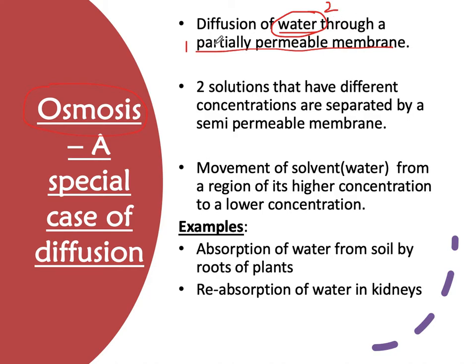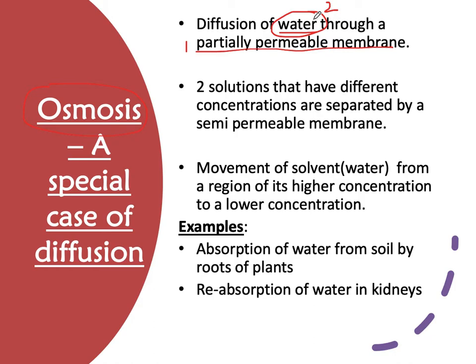Rather, I can say these two particular things are making osmosis a special type of diffusion. Alright, one thing is a partially permeable membrane, that is your plasma membrane or cell membrane, is utmost necessary for osmosis. And second is this time only solvent molecules, and in that solvent also specifically water molecule movement is only what we are going to notice.